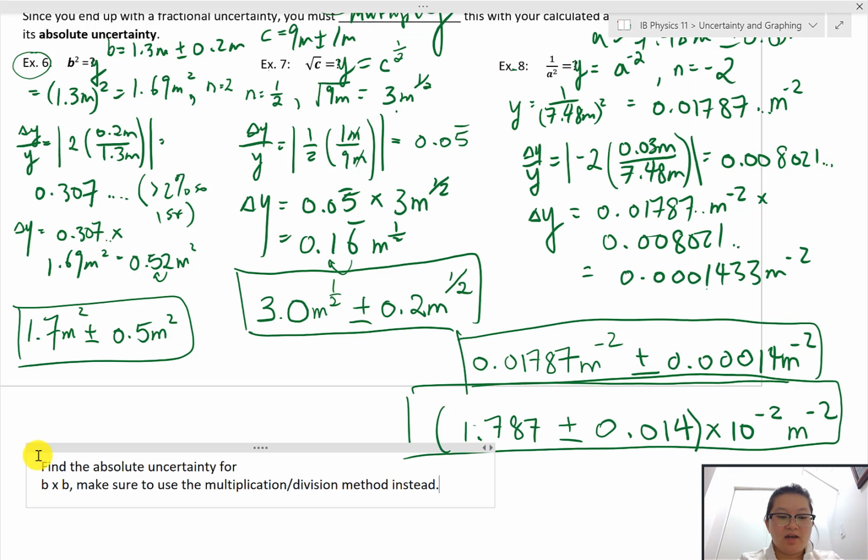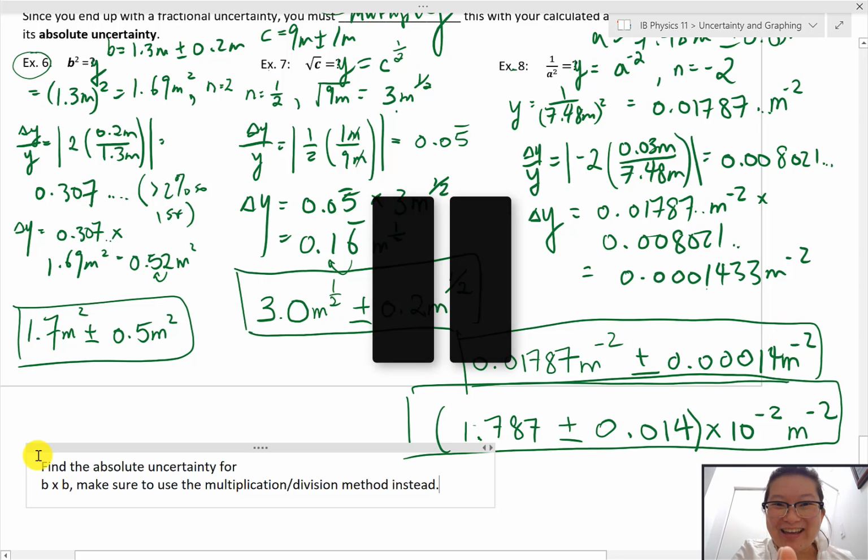So here's the question. I want you to try to find the absolute uncertainty for b times b. I know it's b squared, but I would like you to use the multiplication or the division method instead, not the exponent method, okay?